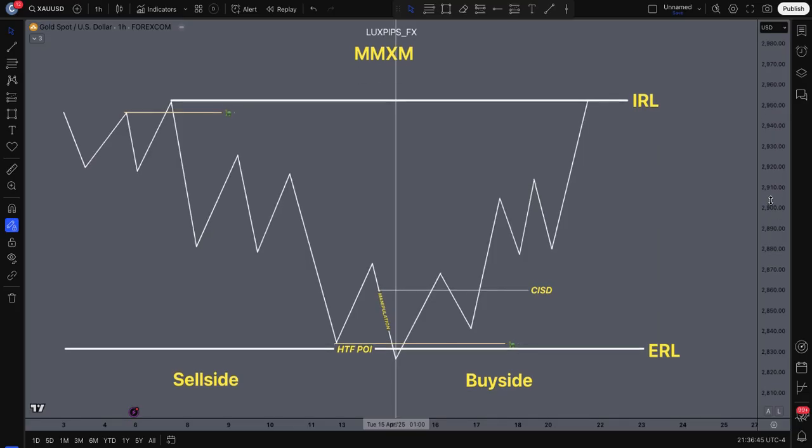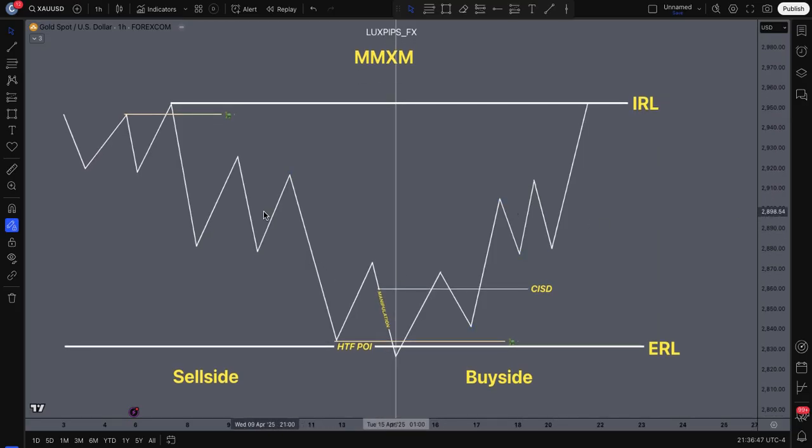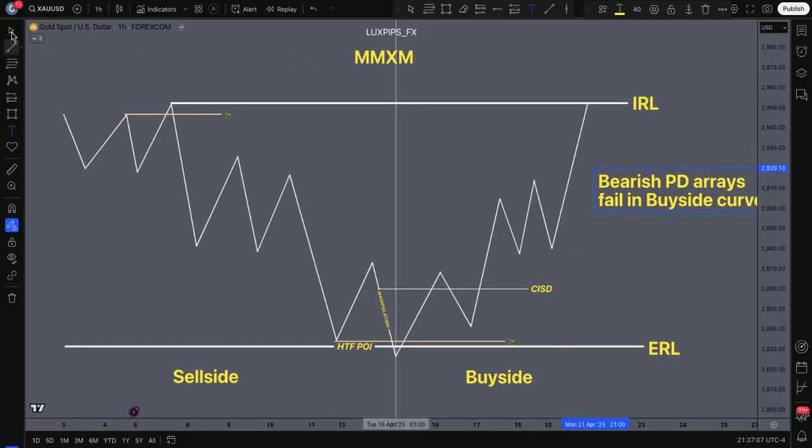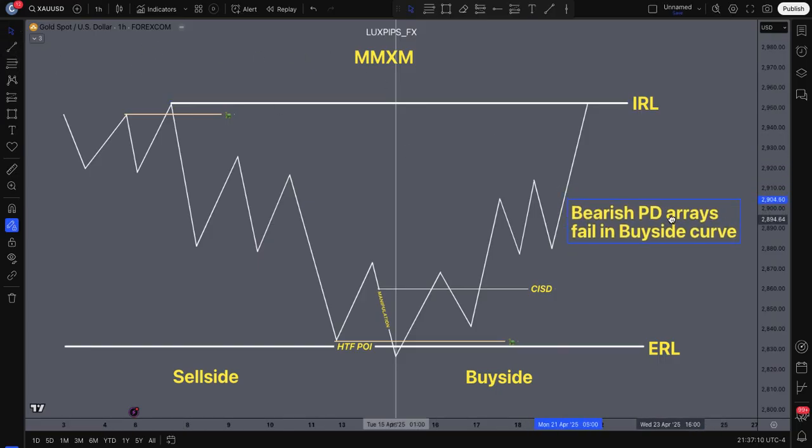Another thing that just came to mind is in your buy side of the curve, you want the bearish PD arrays to fail. Bearish PD arrays fail on buy side curve.